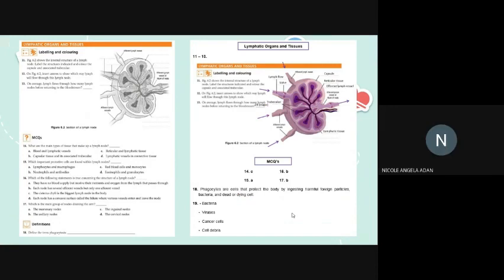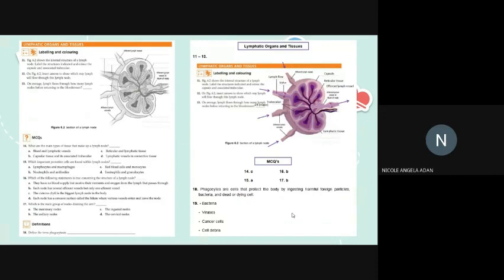For part 5, we have the labeling and coloring. And as you can see, we have the picture of the section of a lymph node. So number 11, figure 6.2 shows the internal structure of a lymph node. Label the structures indicated and color the capsule and associated trabeculae.